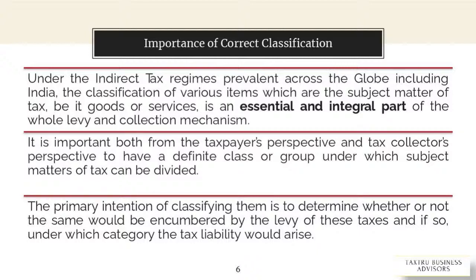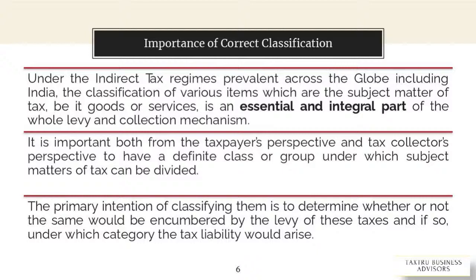So we will be reading in GST three sections. The section through which an activity will be treated as supply, then a section through which Parliament has enacted this Act to collect the levy and the taxes from the public, and then the collection mechanism is also different. But all these items are very importantly connected to a very important factor, that is classification.